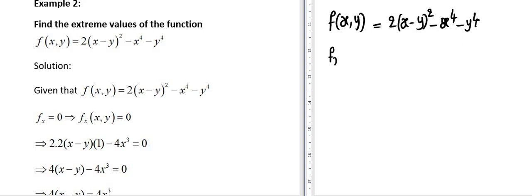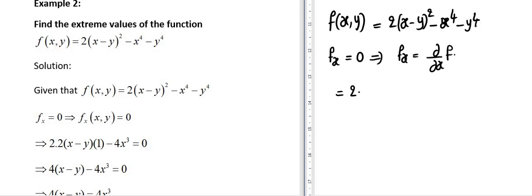Find out fx and equate that one to 0. Fx means partial differentiation of f with respect to x. Here we are doing partial differentiation with respect to x, that's why y is a constant. 2 is constant.